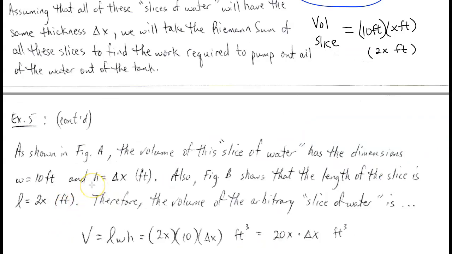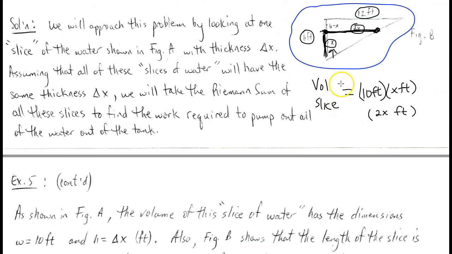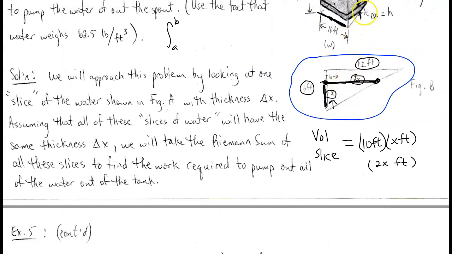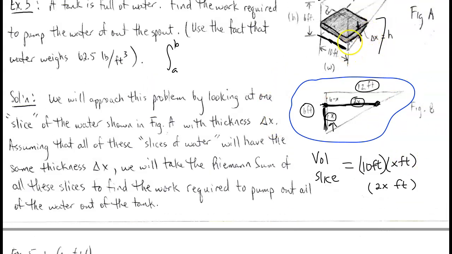All right, so as I just got through explaining, you see I've also written this out. So we've got 2x for the length, 10 for the width, and our delta x for the thickness there. And I think I called it x, but it really should be the thickness there, because I was looking at the level.